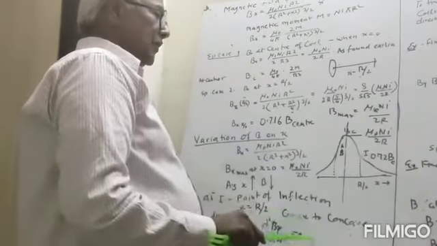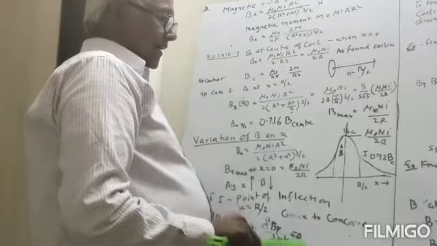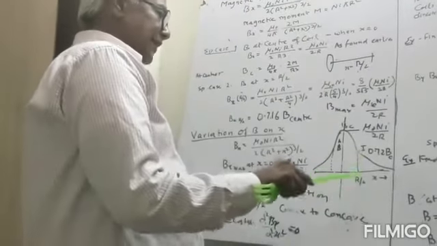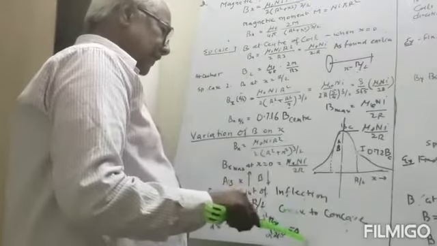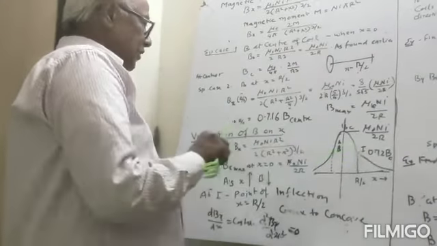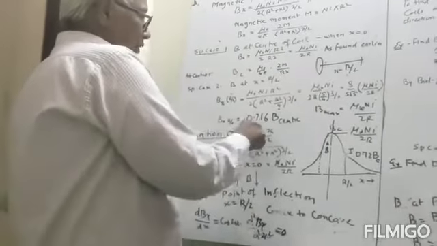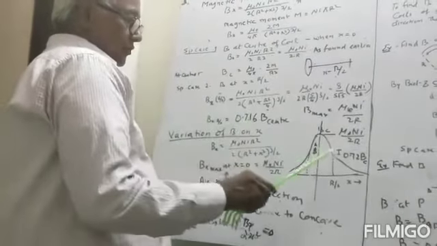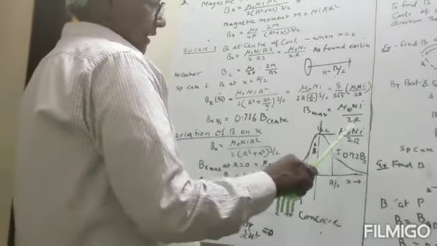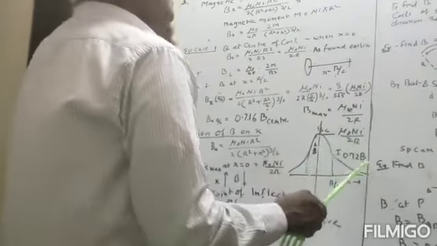The value of the magnetic field here will be 0.716 times the magnetic field at the center.